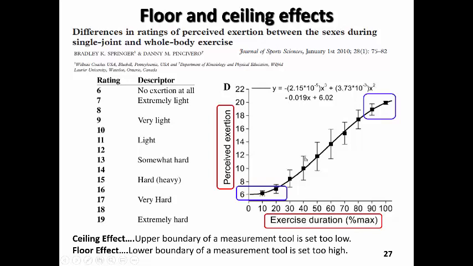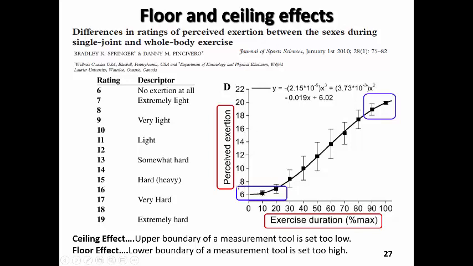On the right hand side are the data obtained from one research study that evaluated people exercising out to their maximum level. Along the x-axis, we see exercise expressed as a percent of each person's maximal duration. As they exercise longer and longer, the rating of perceived exertion approached the higher end of the scale.